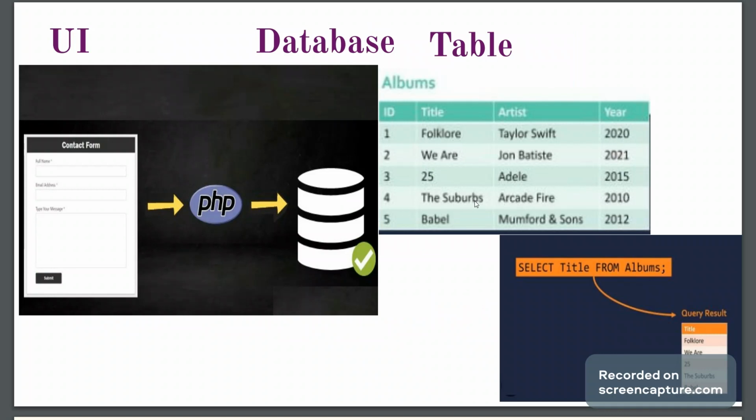I just want to display a single column and all the records from this album table. I can write select title from albums. So from the album table the title column with all the values in it will be displayed.